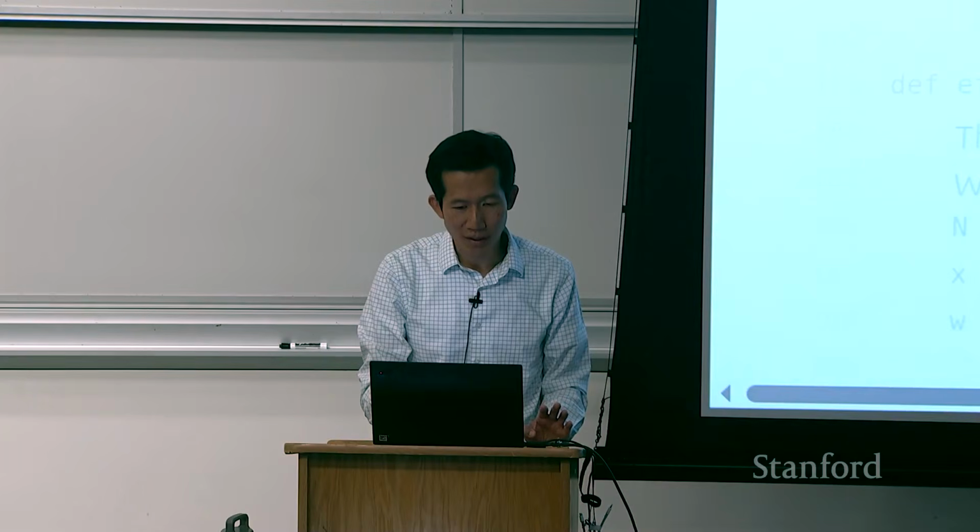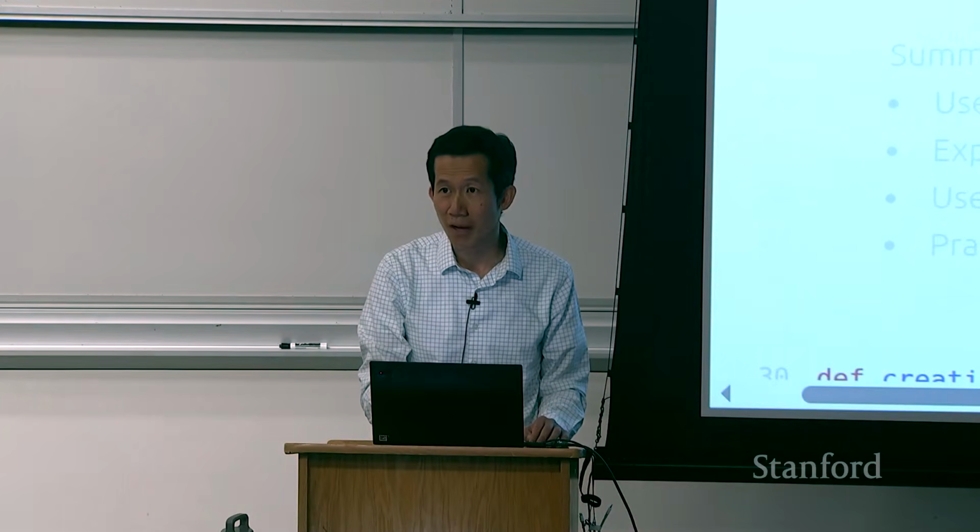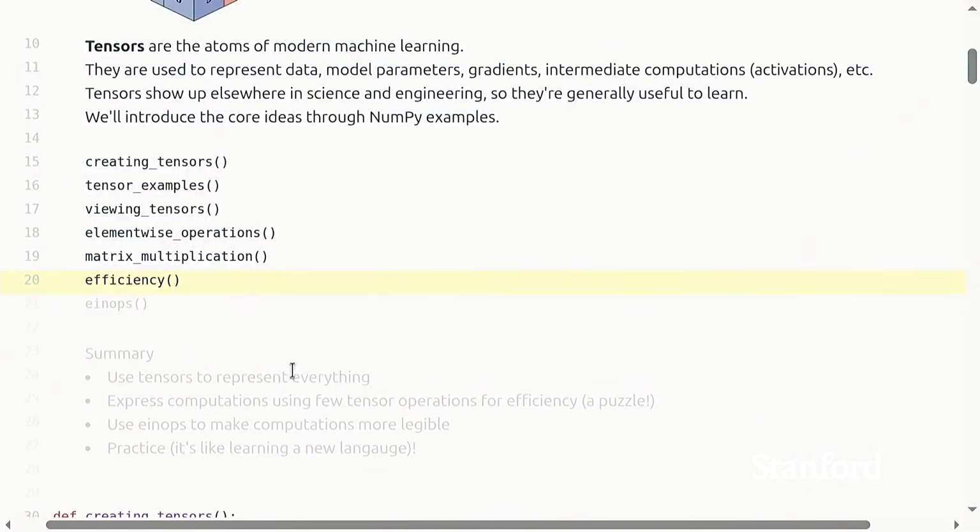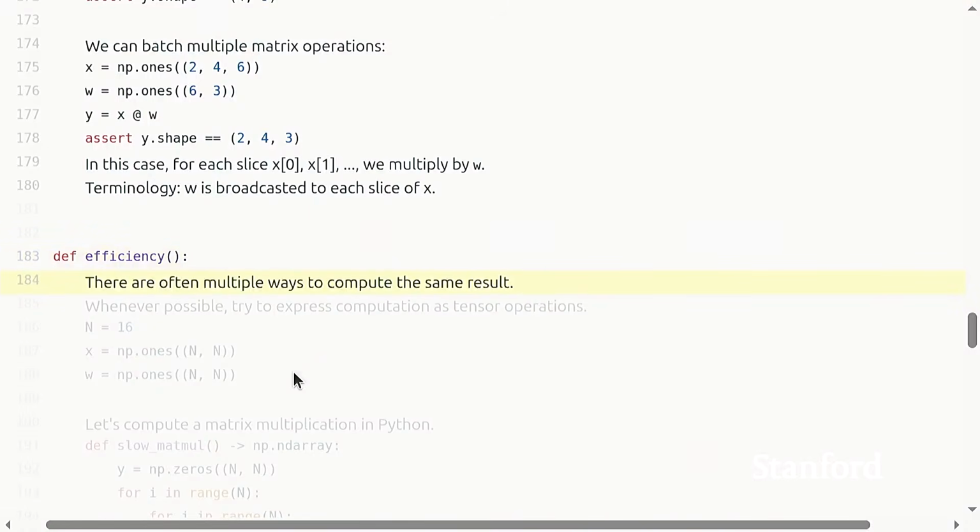Okay, so let's move on to answer the question about efficiency. In general, when you're writing code, there are multiple ways to compute the same result, and different ways will have different computational costs. In the case of tensors, in general, you want to express your computation using few tensor operations.